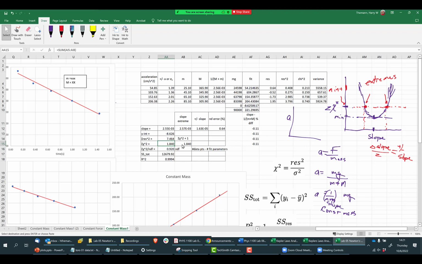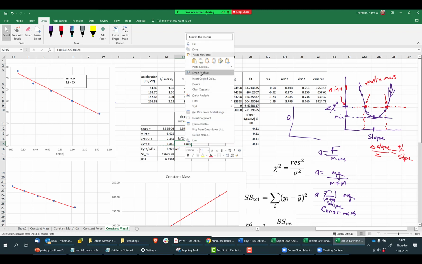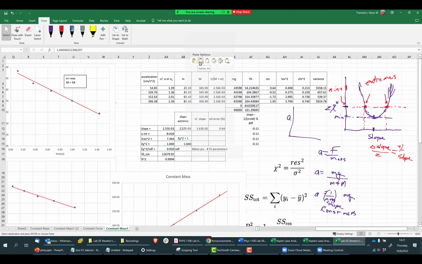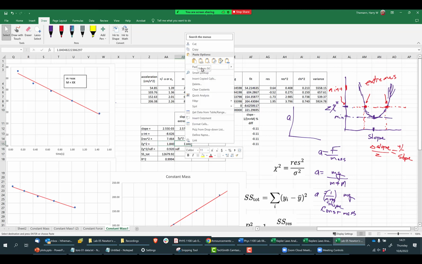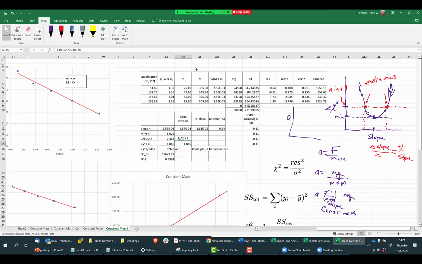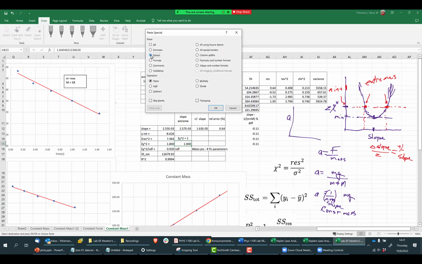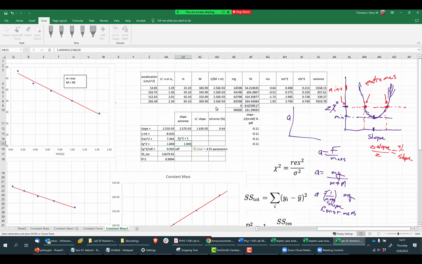And then over here, notice I labeled above it sigma chi-squared plus 1. I'm going to paste, but I'm going to paste value. So you either have this little clipboard with the numbers, or if you see paste special, you pick values.